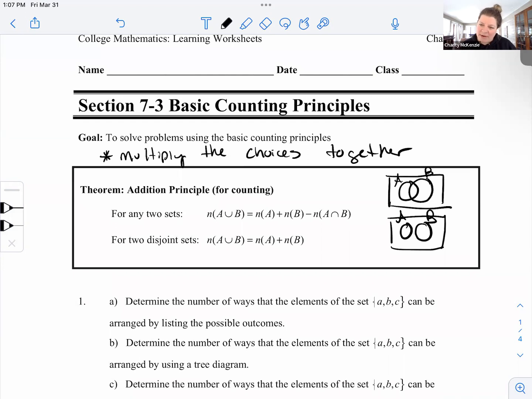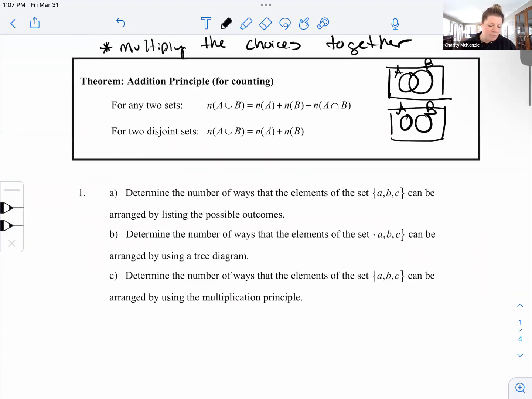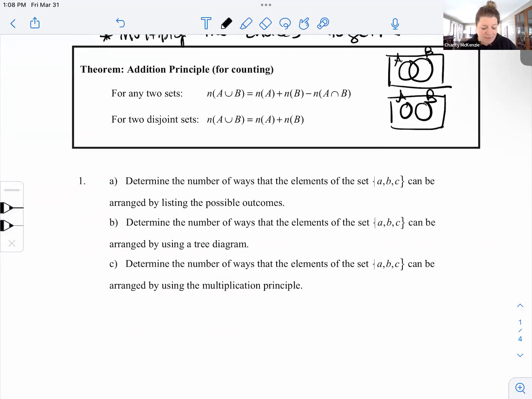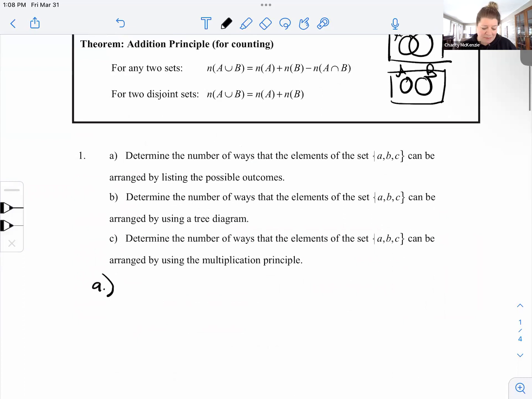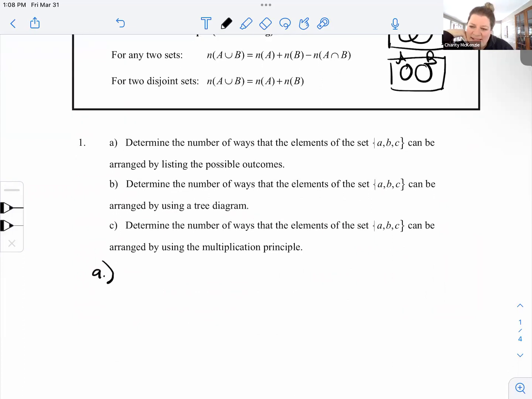So let's look at some counting principle examples. Problem A says, determine the number of ways that the elements in the set ABC can be arranged by listing your outcomes. This is the most tedious way, that we don't really want to think about. How many ways can I put ABC, these three things, in order? Well, we can keep it in the same order: ABC.